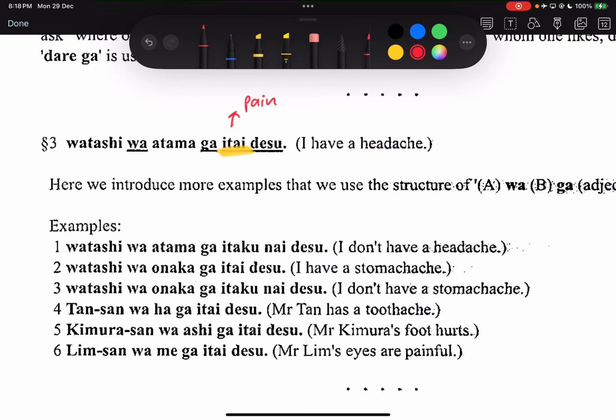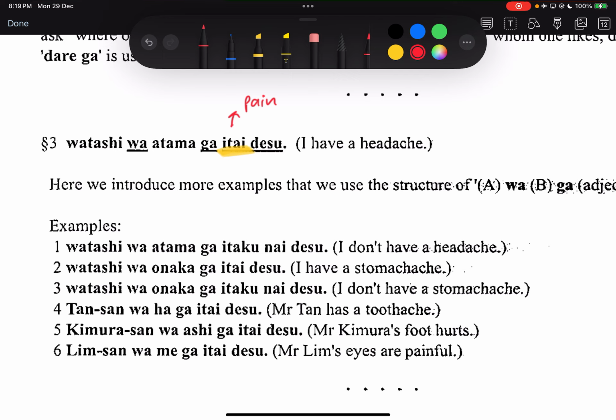In Chinese, if we say atama wa itai desu, then it becomes like 头是 something 痛. Then what is the something? What is the object? It's not very clear. More common for them to say watashi no atama ga, or watashi wa atama ga? Which one is more common?